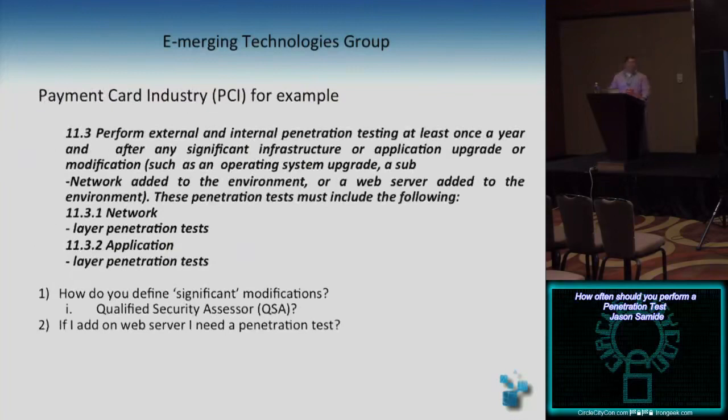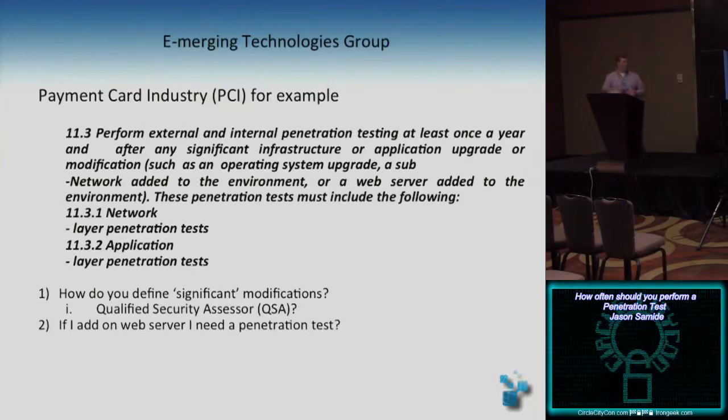Getting back to PCI specifically, this is PCI 2.0, and 3.0 is solidified, but a lot of people are still moving towards 2.0 at this time. It does require a test at least once a year and after any significant infrastructure or application upgrades.